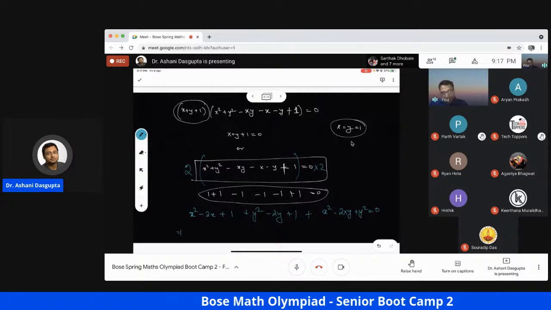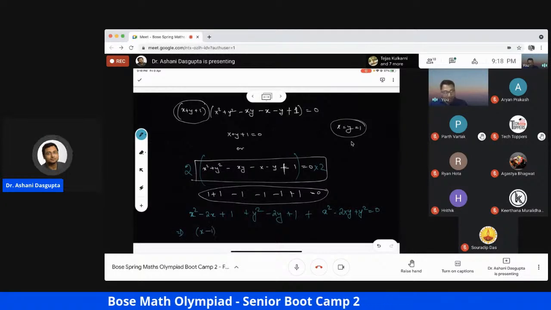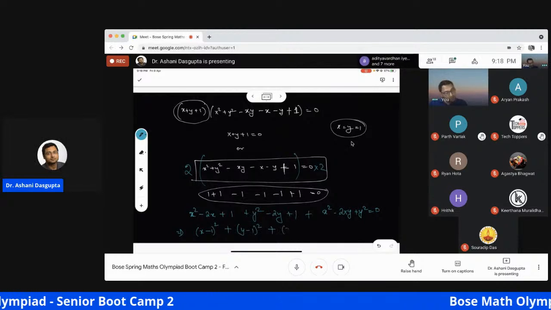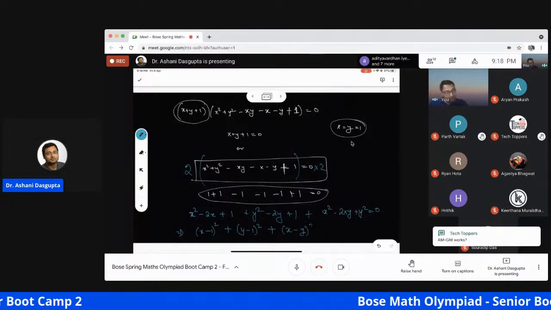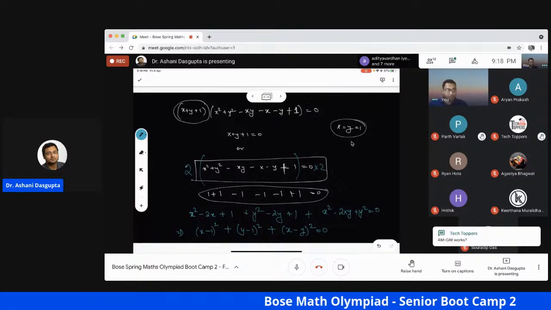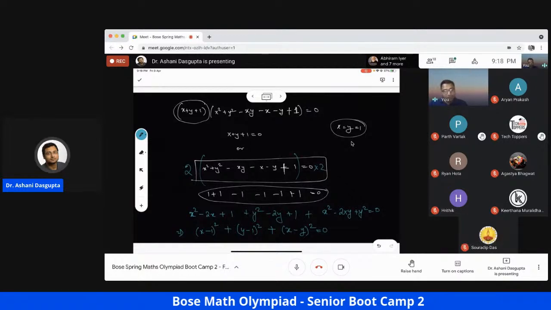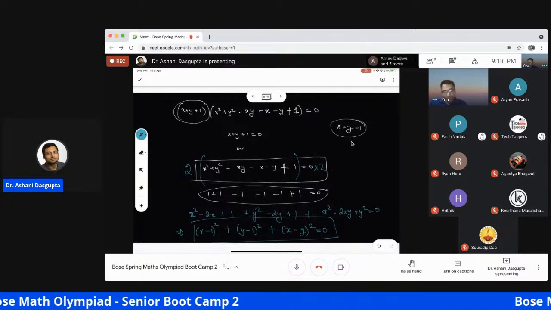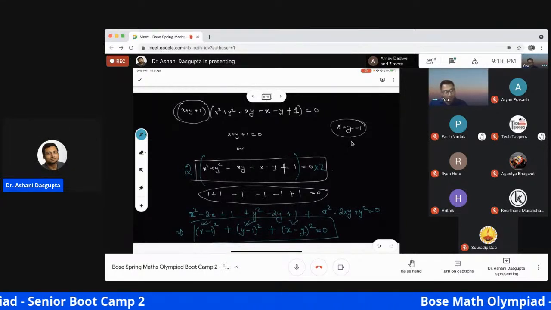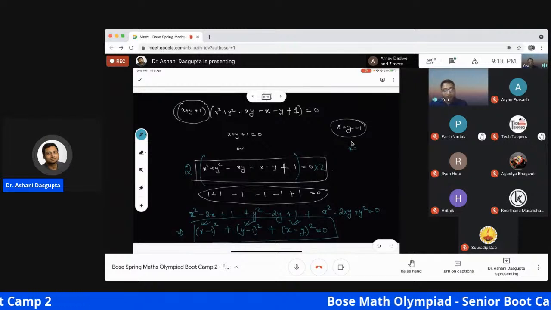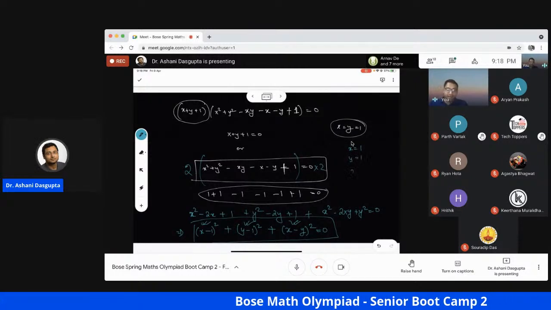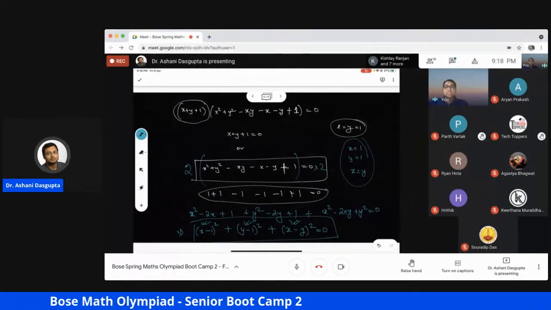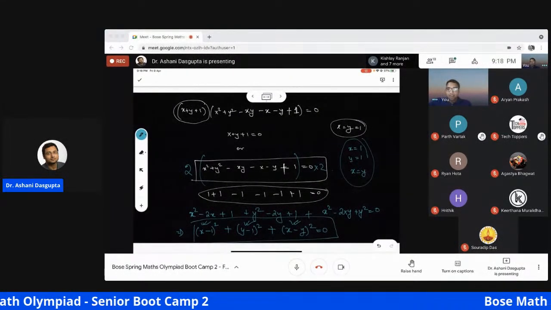So this is the classic situation where the sum of three square numbers is 0. So if the sum of three squares is 0, that can only happen when each of them is 0. That means x equals 1, y equals 1, and x is equal to y. That's the only case when this can become 0.